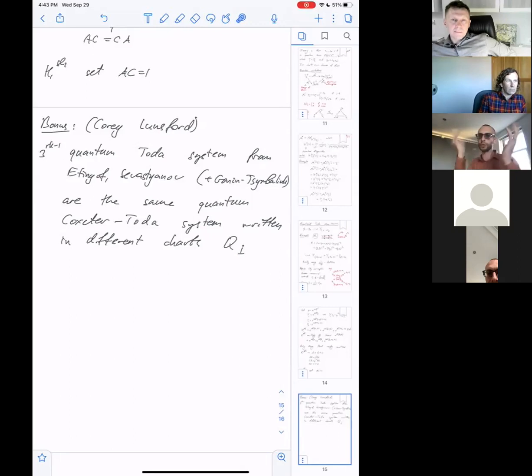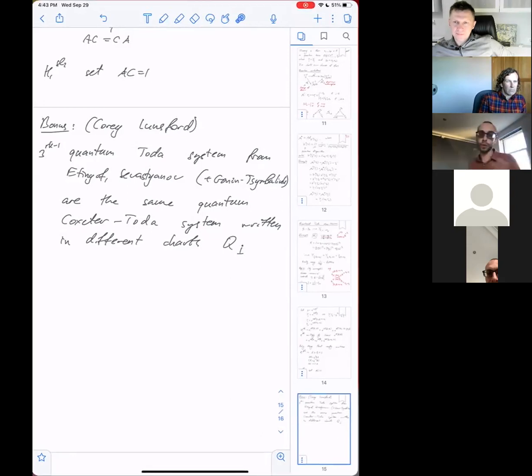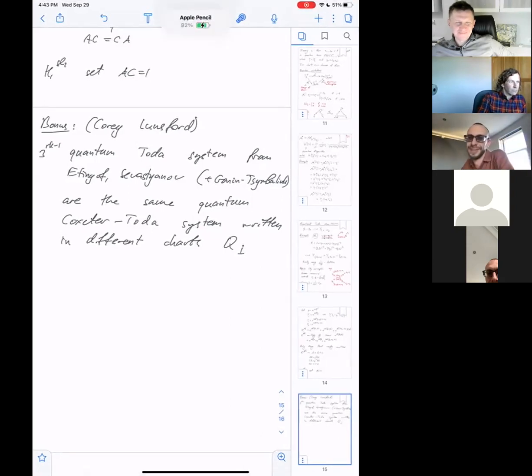When we put it on the torus, when we put it on the cylinder, it doesn't matter where we start. So there are exactly 3 to the rank many of those, and that's a nice but rather simple combinatorial result, that all of these systems are just the same one, but written in different clusters. I'm sorry for overtime. Yeah, I'll stop here.